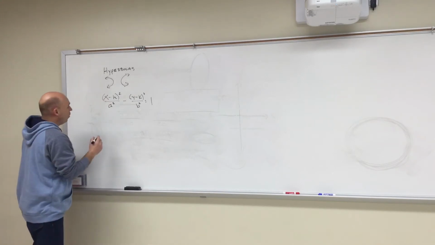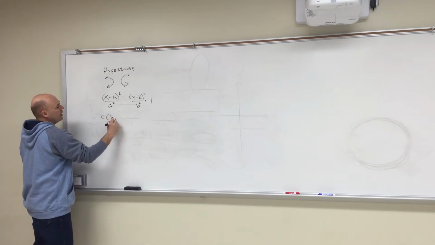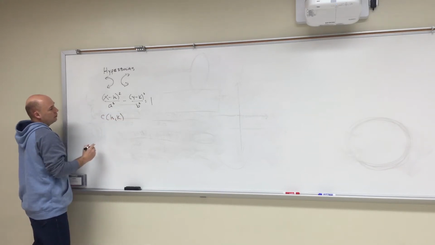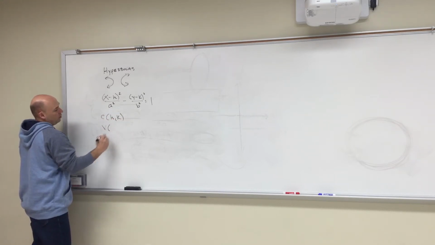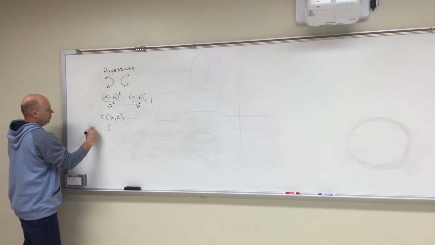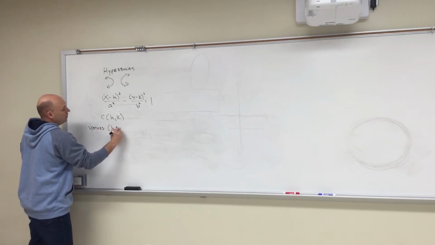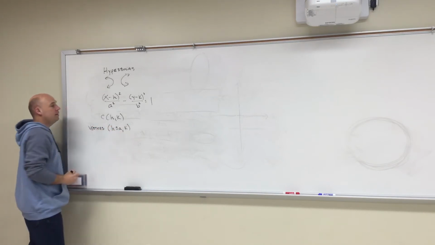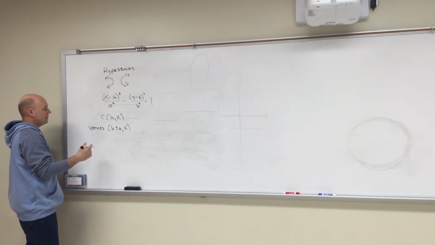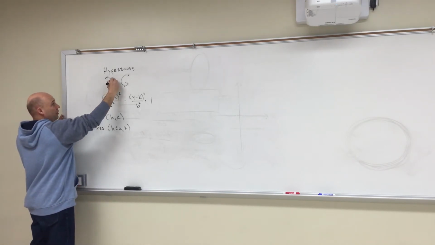With this type of hyperbola, it's the same way that an ellipse rolls. The center is still h, k. The vertices, let me write that out over here, would be h plus or minus a, k, because again it goes with the x-axis, so our vertices would be here and here.